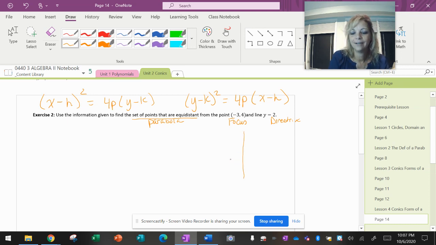That's all. Okay? So I've got (-3, 4) as my focus, right? Y equals 2 is my directrix.